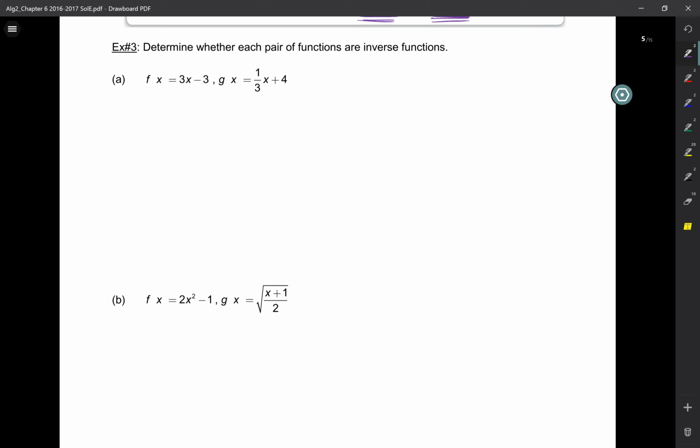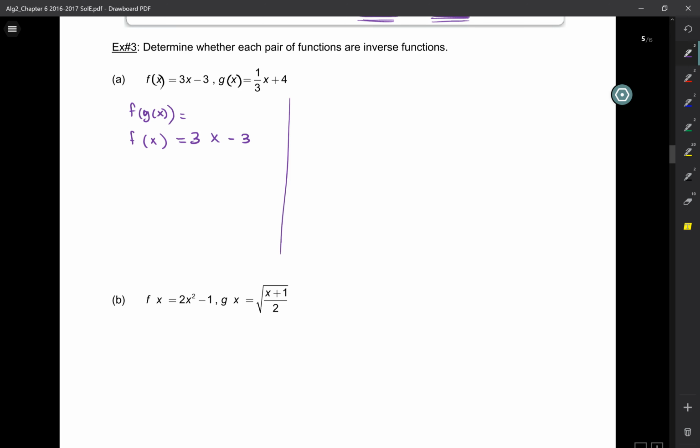So what I do when I have these problems is I split my work area down the middle. So now, I want to find f of g of x. Okay? So remember how we did that on the homework? What's the outer function? The outer function is f of x, which is 3x minus 3.